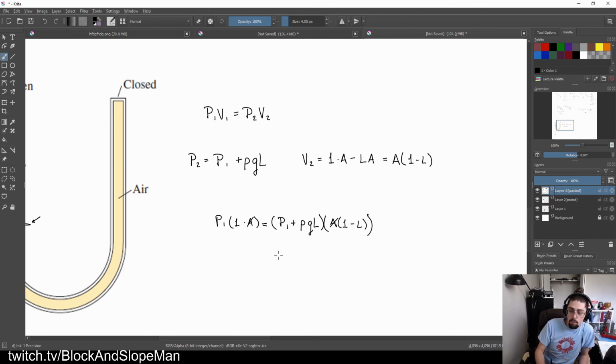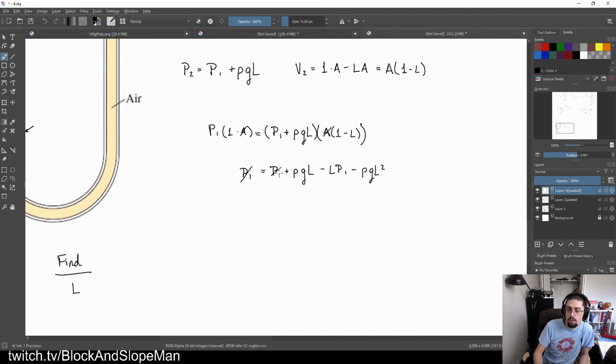Now I'm going to distribute what's here on the right side. So I'm going to get P1 times 1, rho g L times 1, and then we have minus L times P1 minus rho g L squared. Still equal to P1 on the other side. Cancel out those two. 0 is equal to, I see a bunch of terms with L, right?